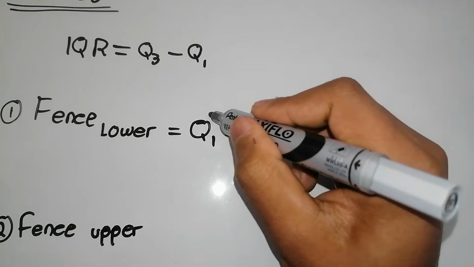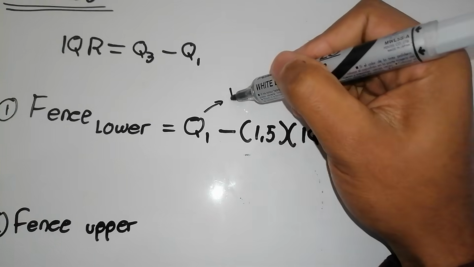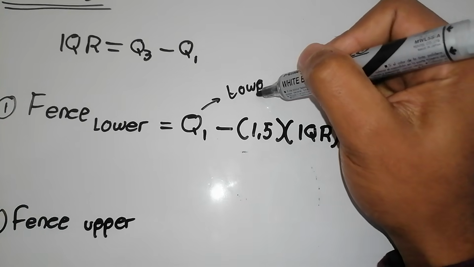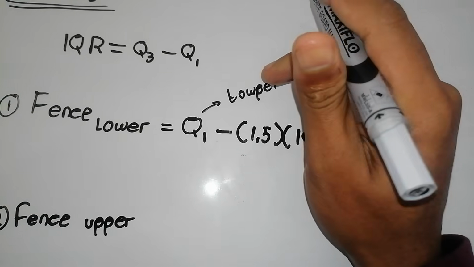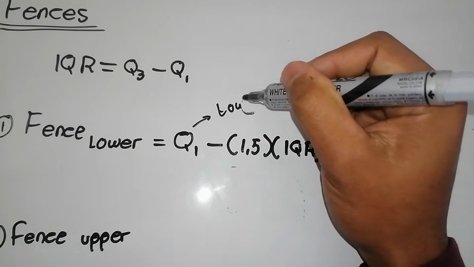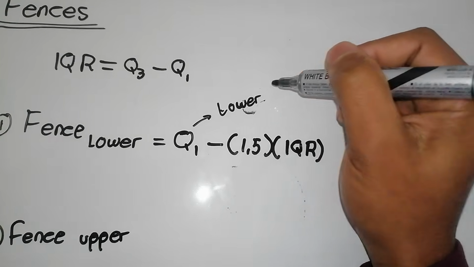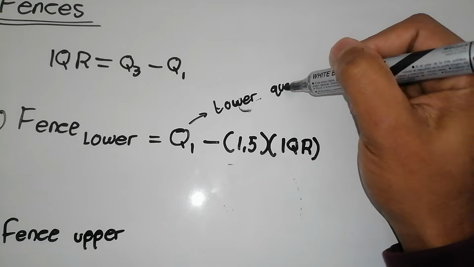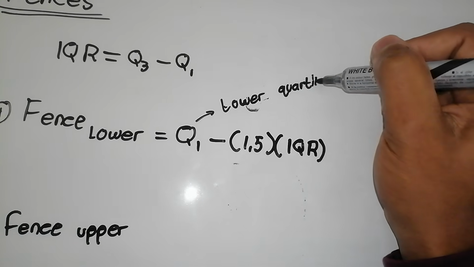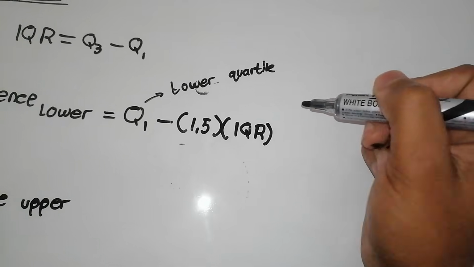So we know that Q1 is what? Lower quartile. And then this is your IQR.